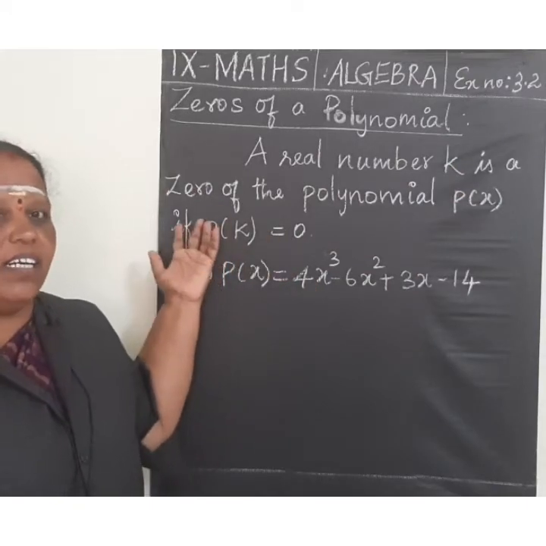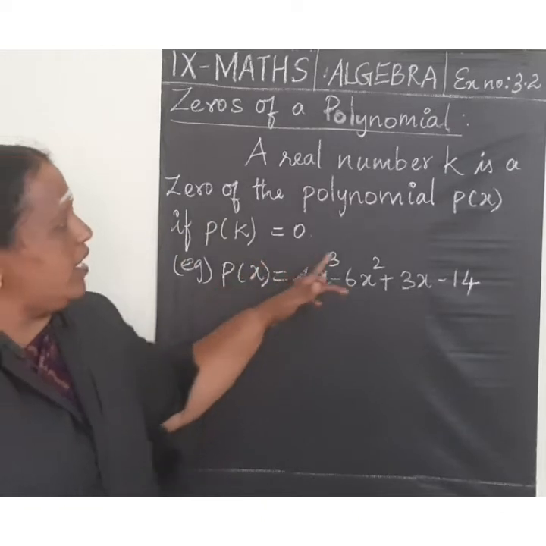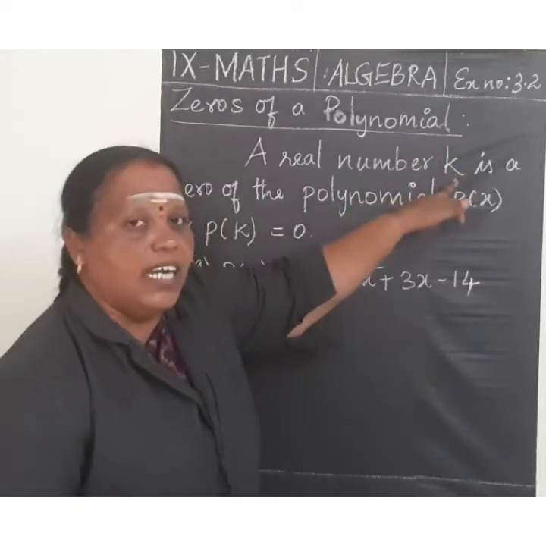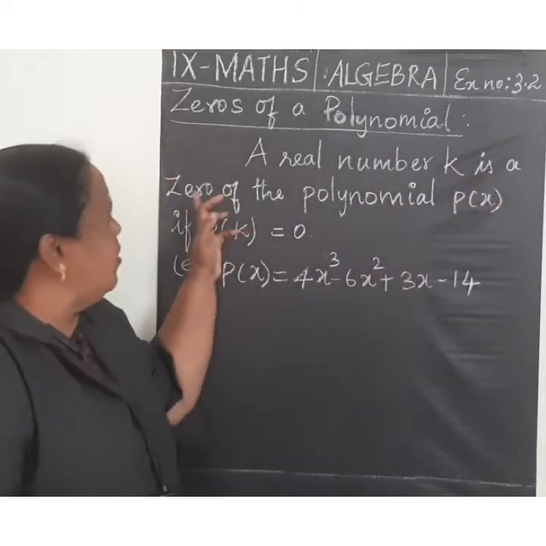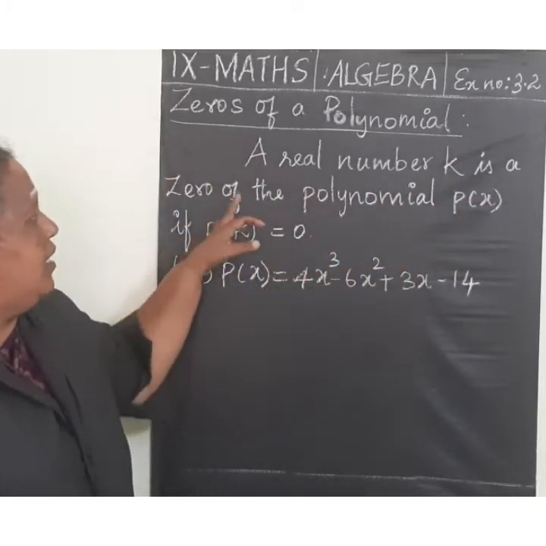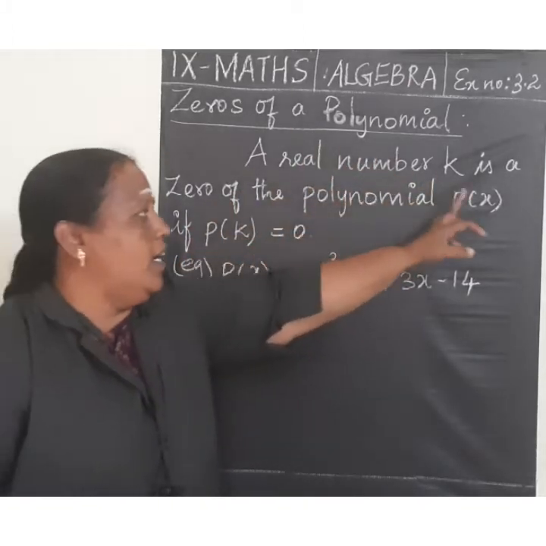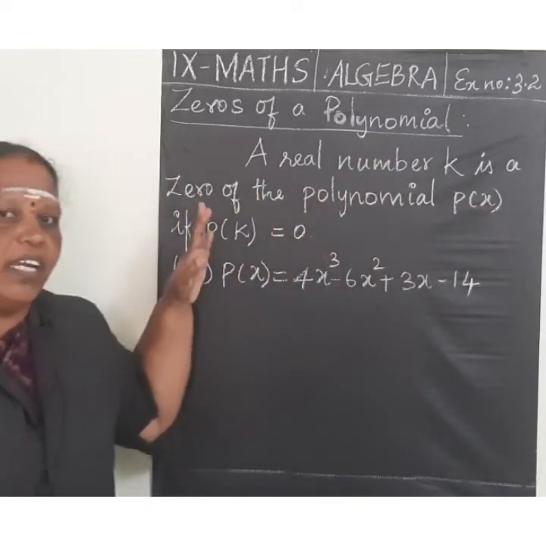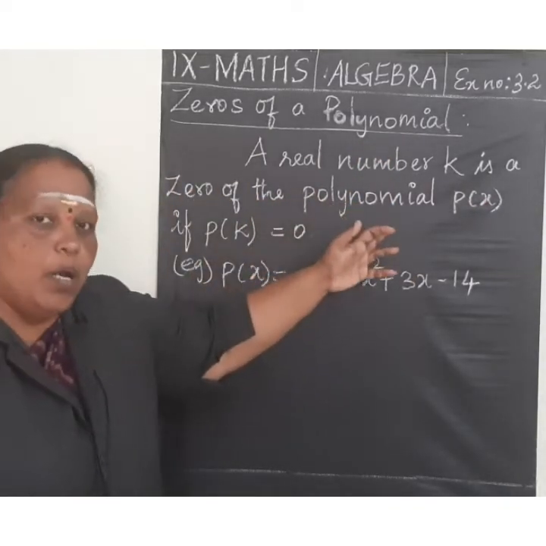In the value of a polynomial we took x equal to a. Here we are taking that constant as k. So we can take any value. When we say k is a zero of a polynomial p of x, when we substitute that k value in p of x, we have to get 0. Then we call that one the zero of the polynomial.